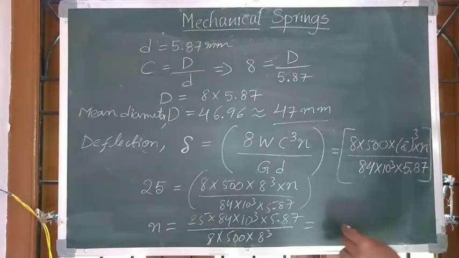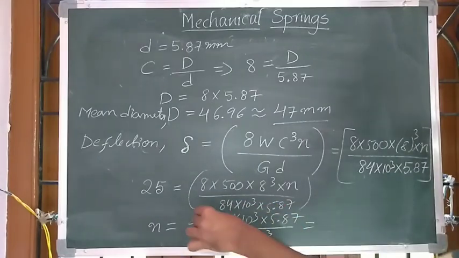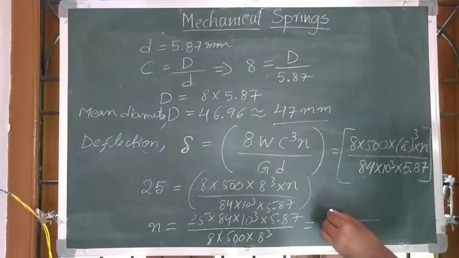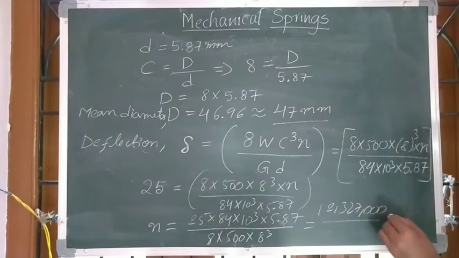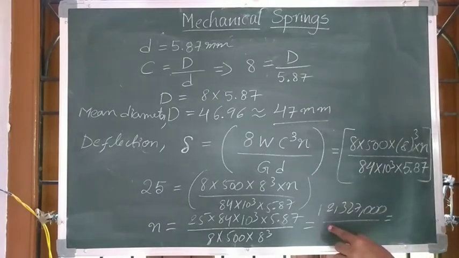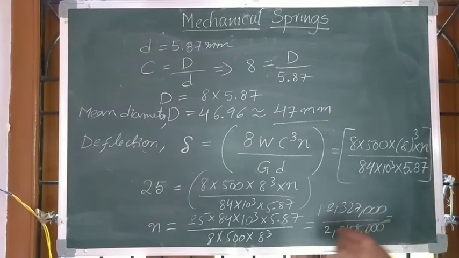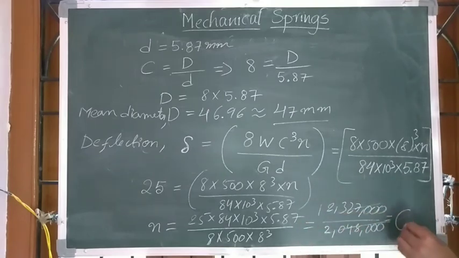You will get the numerator value like 123270 0, and the denominator becomes 204800. After solving this, you will get the number of coils is approximately 6.